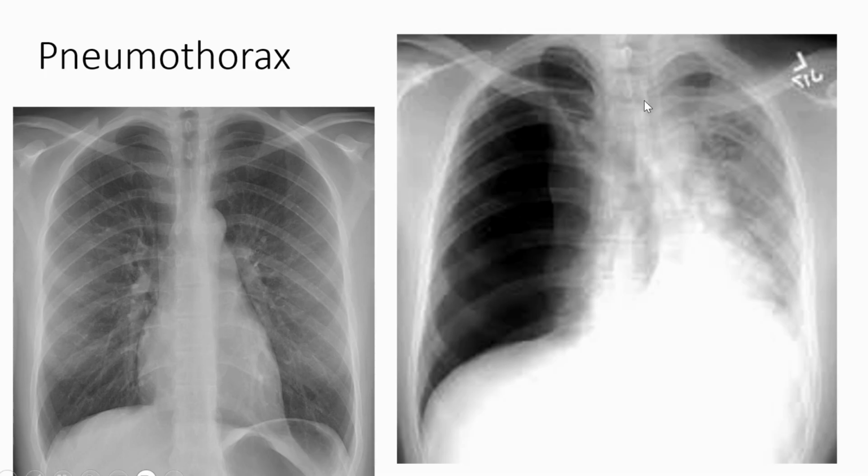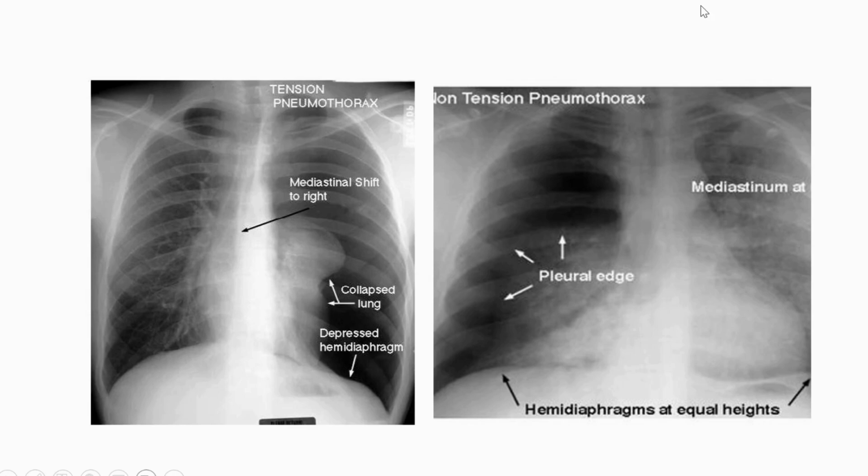So we can see that the trachea is shifted to the left side, the mediastinum is also pushed to the left side, and the diaphragm is pushed downward. Now this is the pneumothorax. Now in this image, we can see that the trachea is shifted to the right side, the mediastinum is also shifted to the right side, and there is a depressed diaphragm.